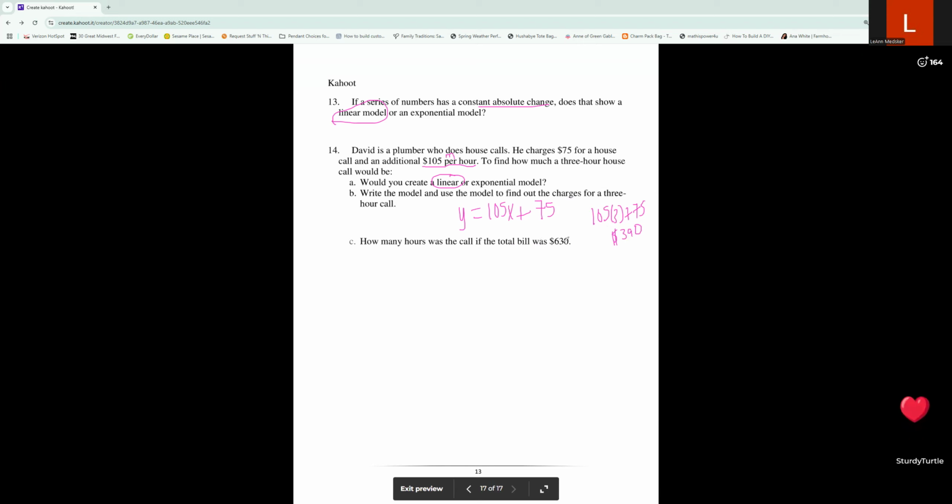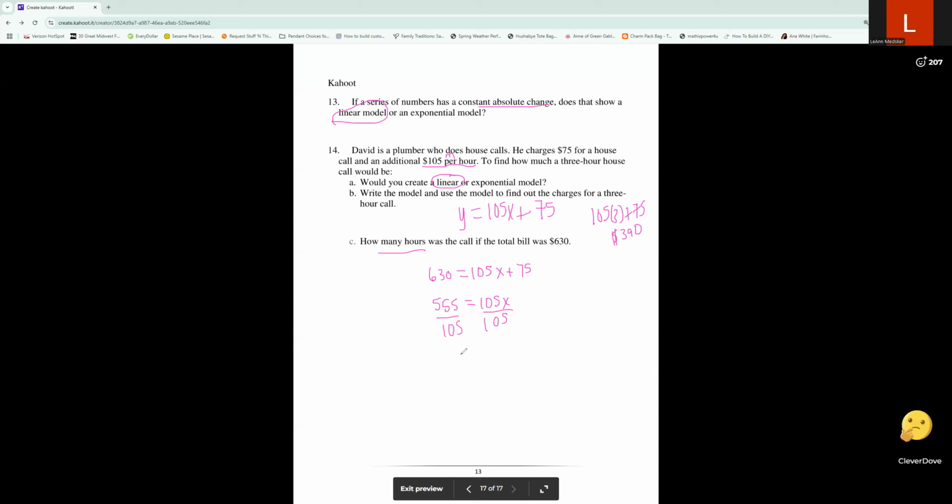Now, my next question is, if he charges you $630 total dollars, how many hours did he work? Well, that's the charge. The final bill is Y. So you can plug that in for Y. It's just a different way of thinking about it. Or you could do the trial guess and check method, and we could solve this for X. So you'd subtract the 75, get 555 equals 105X, divide by 105.